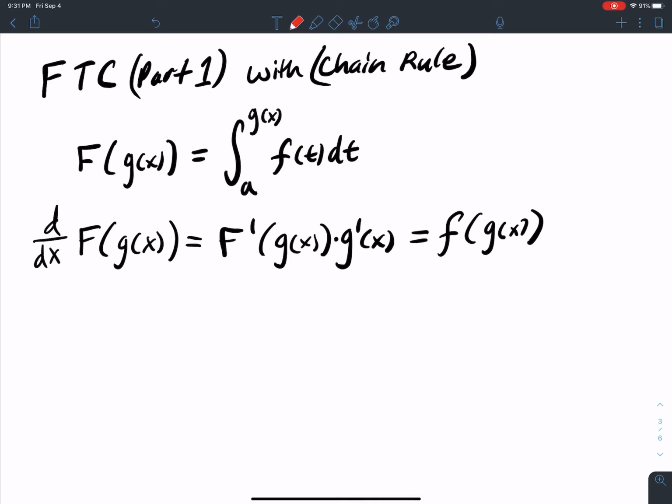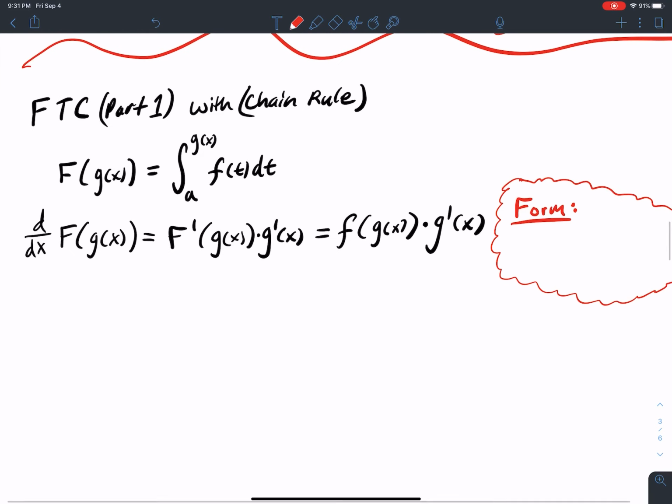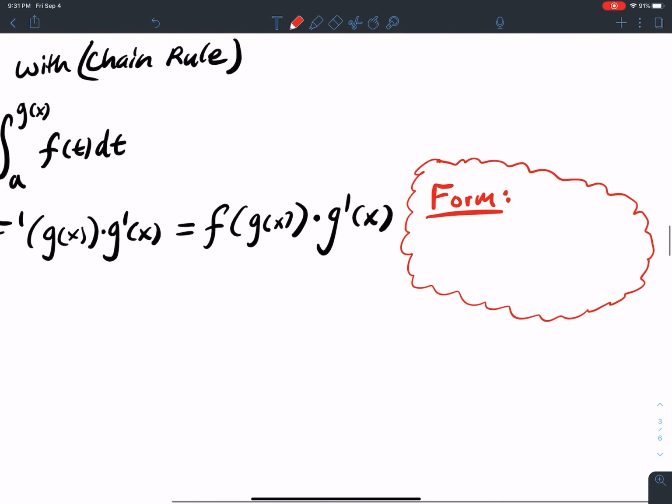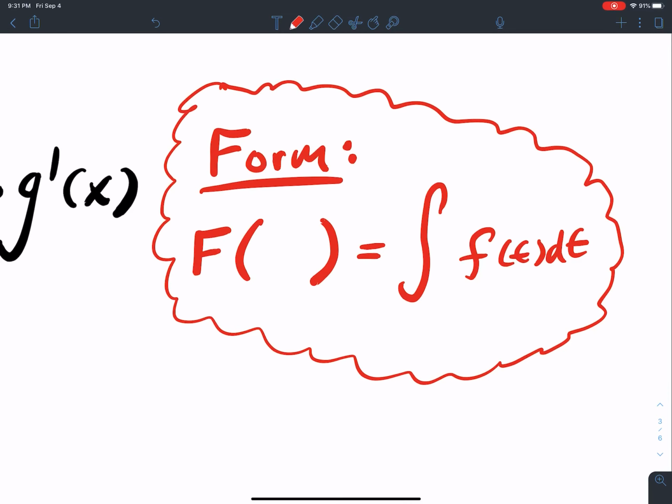But the chain rule says this: not only do I have this inputted in here, but I have the derivative of what I inputted multiplied here. So that's the chain rule for you. So in general, it's of this form. It's the integral of f where I have a constant down here at my lower limit of integration, and then my something goes in the upper limit, okay?